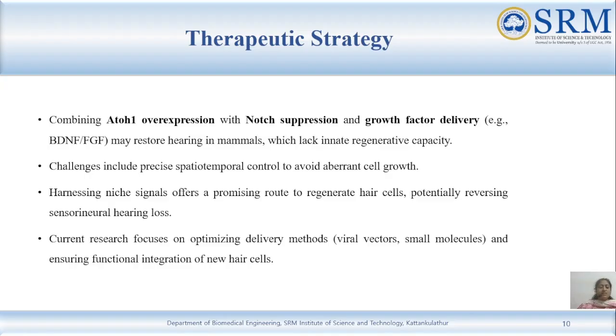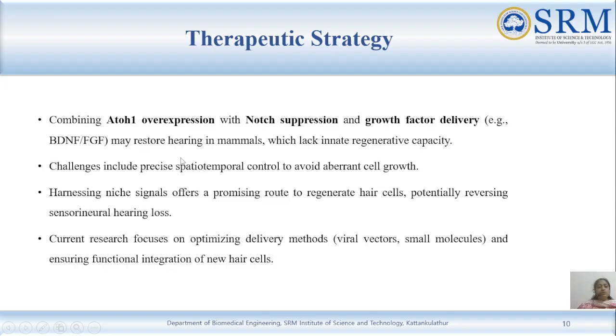So, mammals, as I told you, do not have the innate ability to regenerate a damaged auditory system, but we can try to overexpress these molecules like ATOH1, or we can suppress the Notch, and we can also include certain growth factors in the delivery vehicles, and thereby we may be able to restore the hearing ability in mammals too.